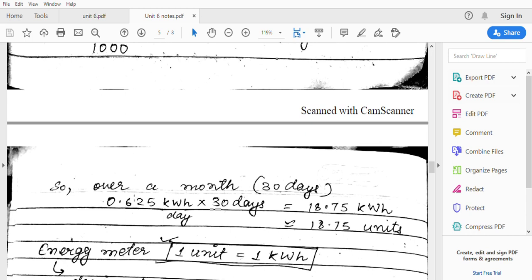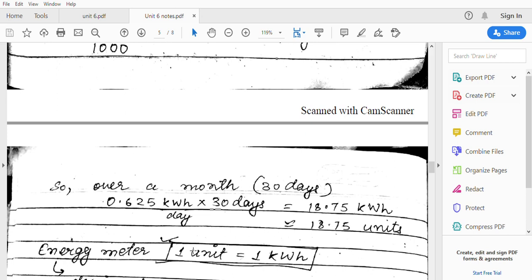Generally for calculation, if we are supposed to take a month, then we'll be taking 30 days, not 31 or 28, things like that. So if you multiply this kilowatt hour per day into 30 days, then you're getting 18.75 kilowatt hour, or in layman's language we can say it is 18.75 units.